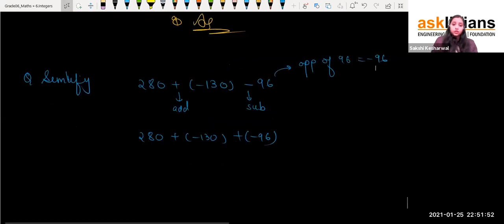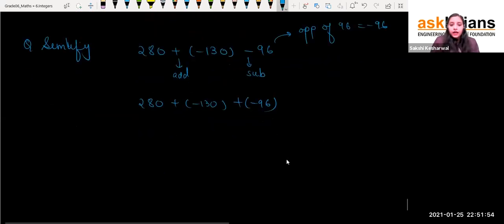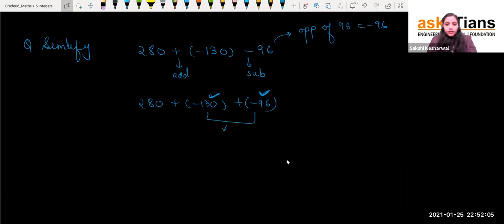Now just see, we have seen that when you have the addition of two negative integers, you actually add and put the negative sign.